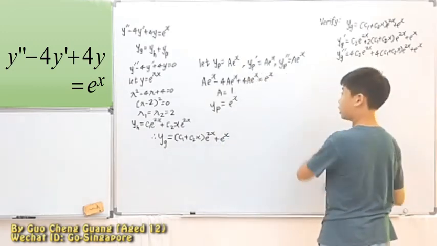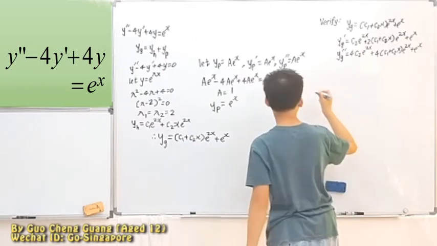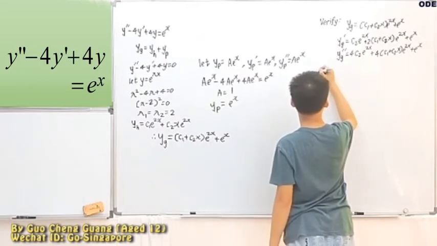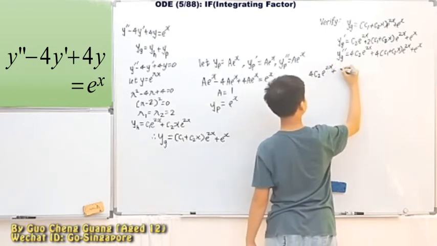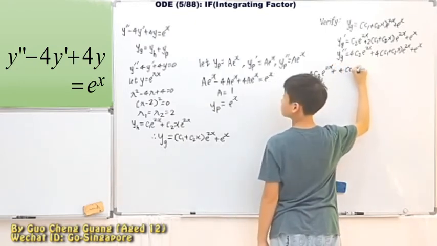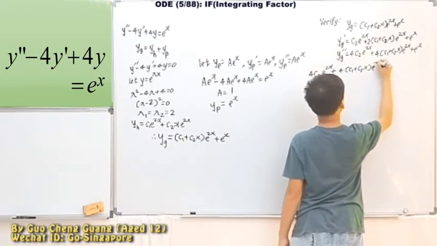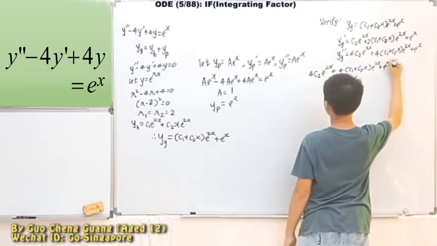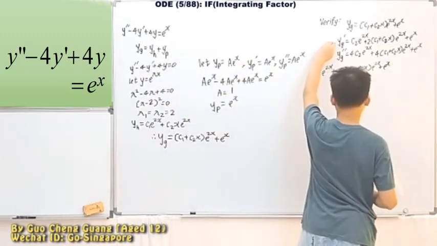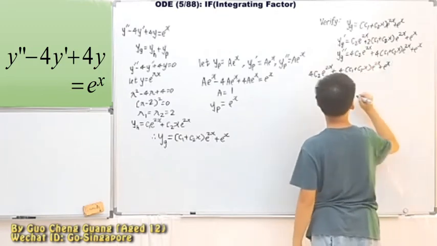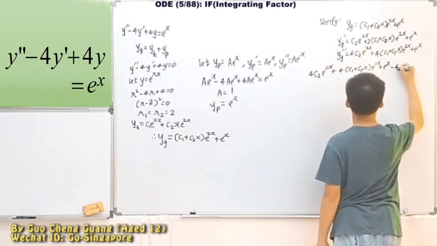Next, we'll sum all these back here. First part. Second part, you have to be careful. This is minus this part. And 4 of this.